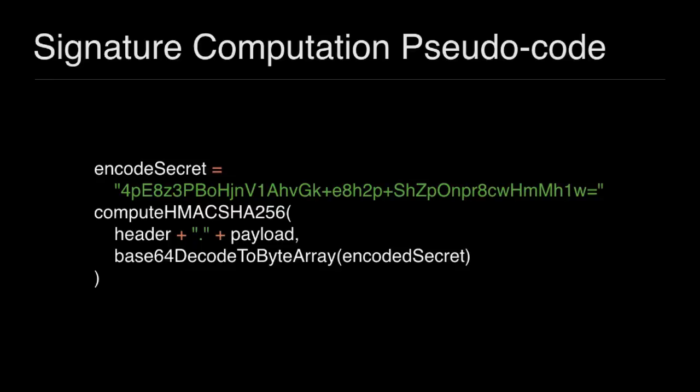The important thing is that you take the header and the payload together, and then you take a binary byte array, whether it's a shared secret or a key, and you pass those 3 bits of information, the header, the payload, and the binary byte array, through an algorithm. That gives you a base 64 encoded signature, which is the last piece of a JWT.